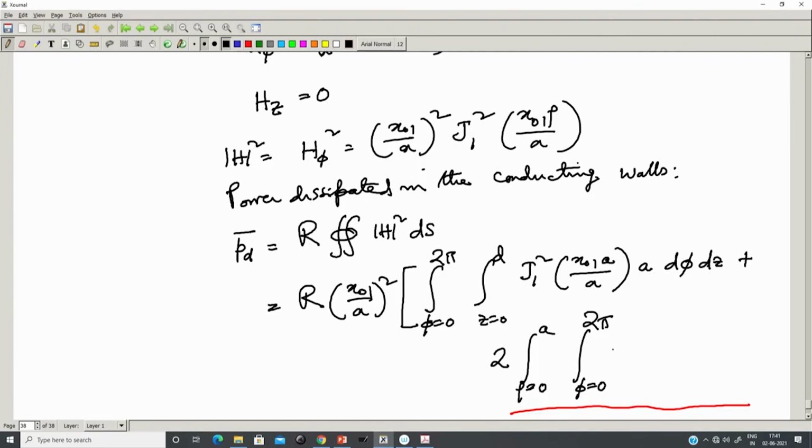So, that will be equal to J1 square x01 rho by A rho d rho d phi.